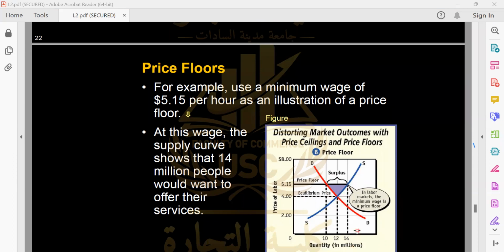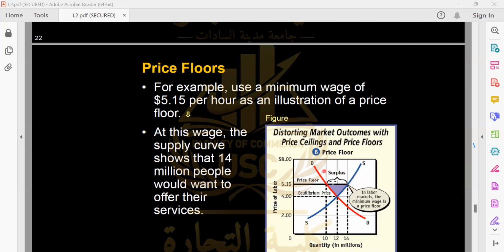This is the quantity, and the firm or business sector requires only 10 million because we have increasing costs, and the business owner wants to hold their costs low. So we put a price floor, and the price floor leads to unemployment.